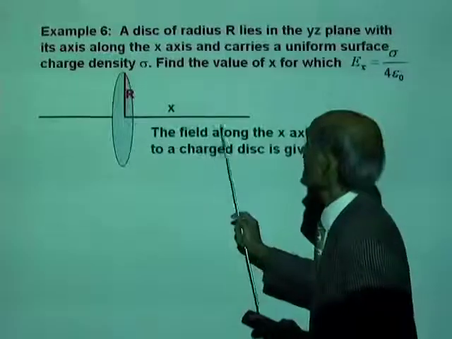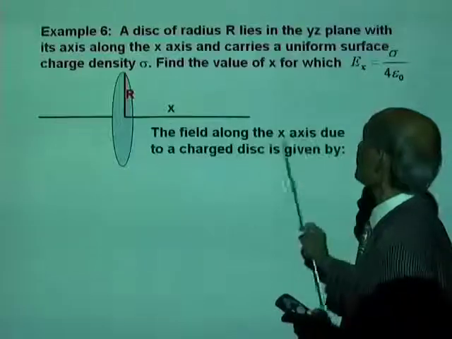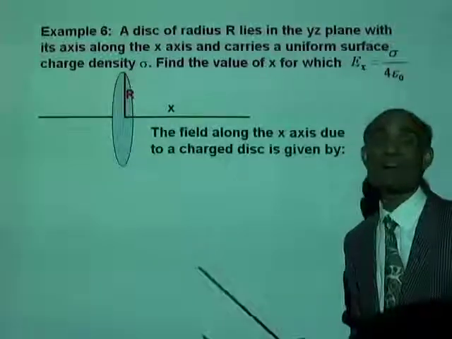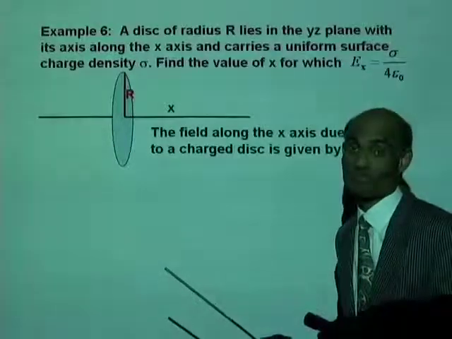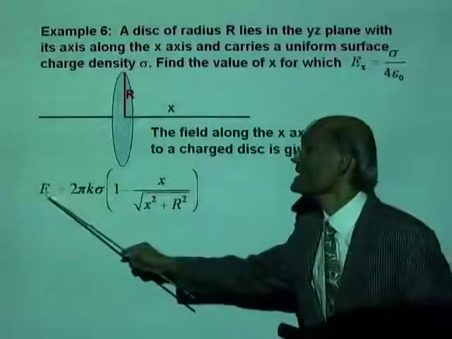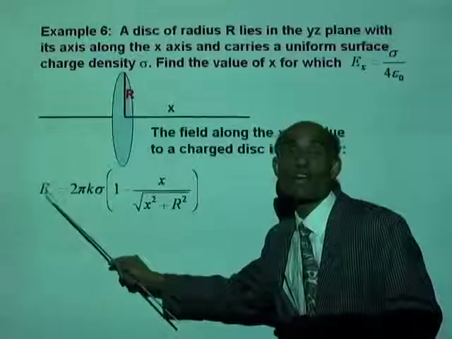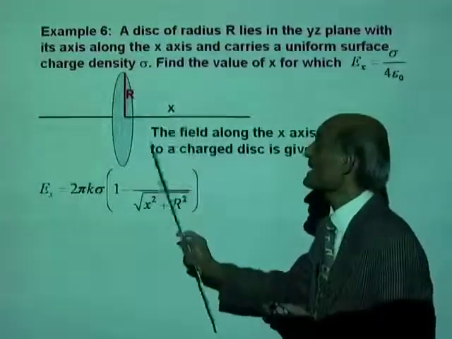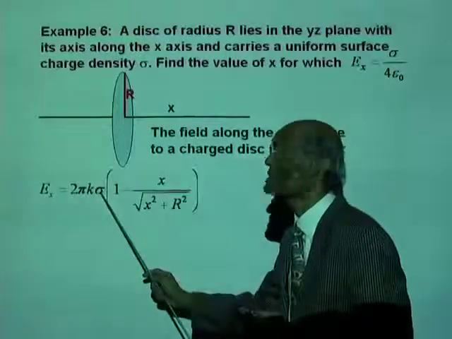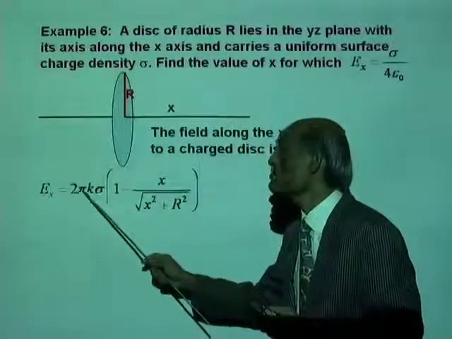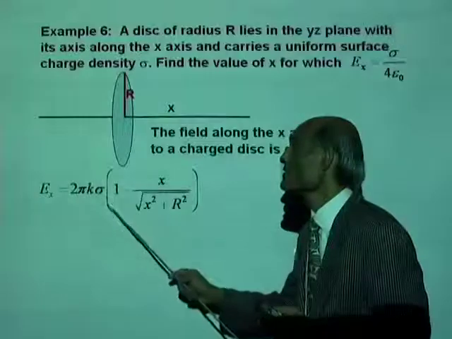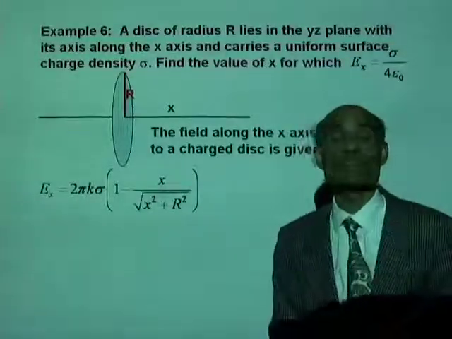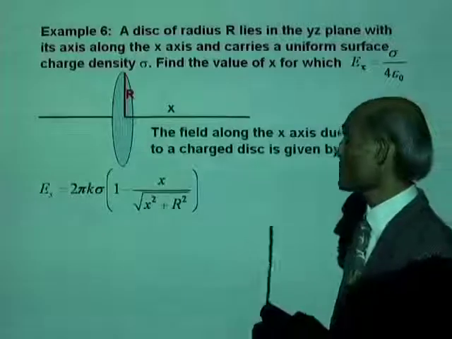The field along the x-axis due to a charged disk is given by, one more time, Ex, electric field along the x-axis of a disk like this that carries a surface charge density sigma, is 2 pi k sigma times 1 minus x over square root x squared plus r squared.